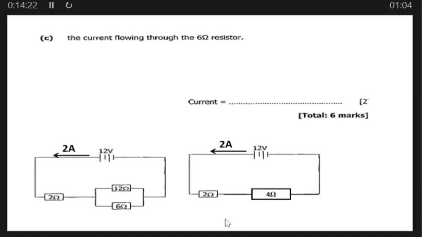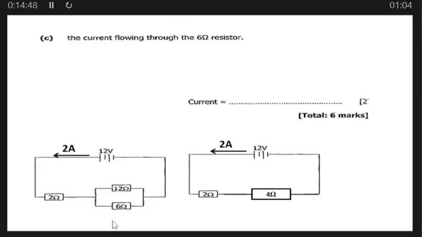We need to know the voltage across here, so we use the total resistance, because if it is used to find the voltage here, then it is the same voltage here, because these are in parallel, they're sharing the same voltage.